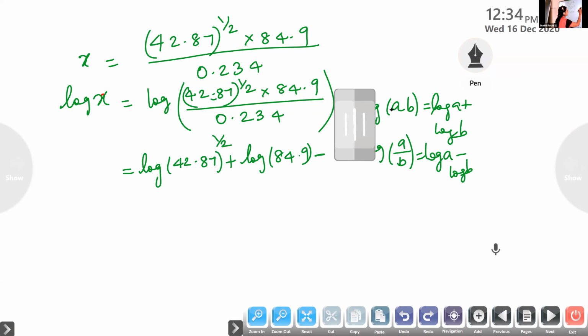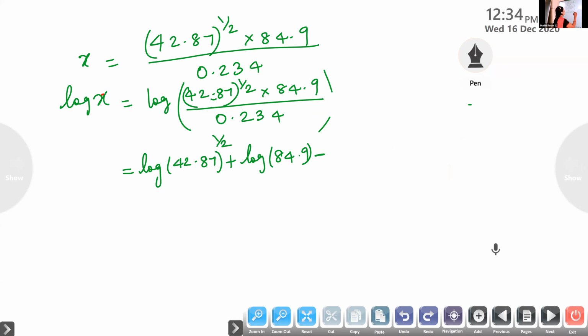Minus log of 0.234. Log of a into b is log a plus log b. Log of a by b means we write minus log of 0.234. Is it okay?